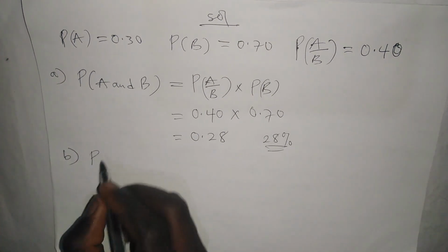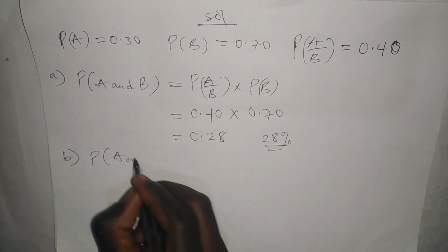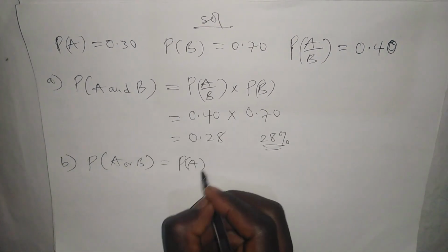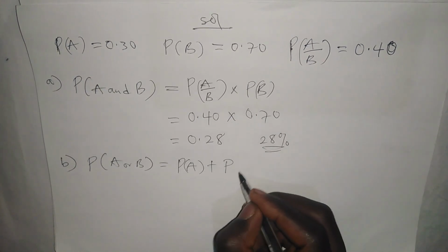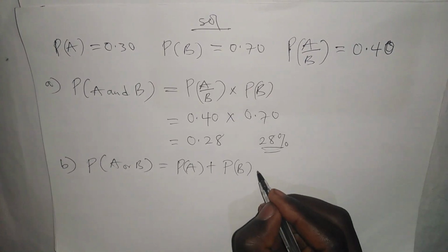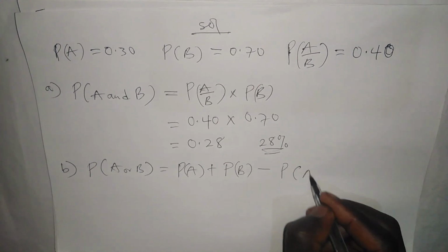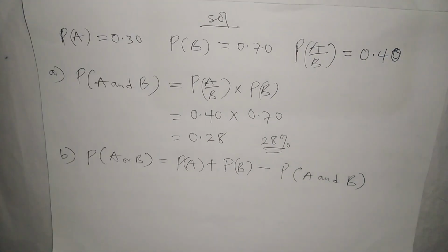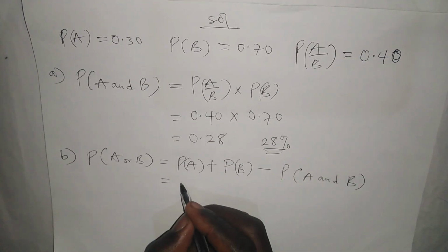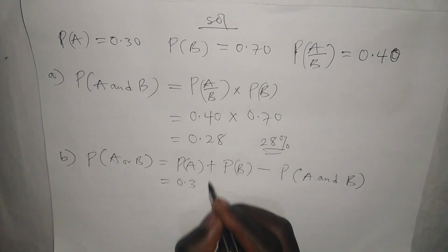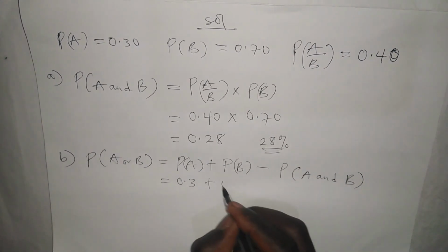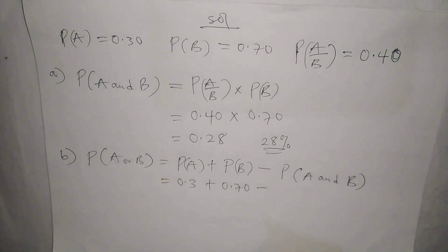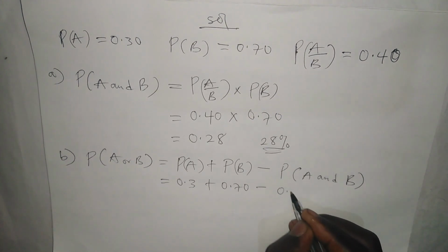So the probability she enrolls in algebra or biology course, based on the addition rule, is equal to the probability of A plus the probability of B minus the probability of A and B. So we know the probability of A is 0.3, plus the probability of B is 0.7, minus the probability of A and B is 0.28.